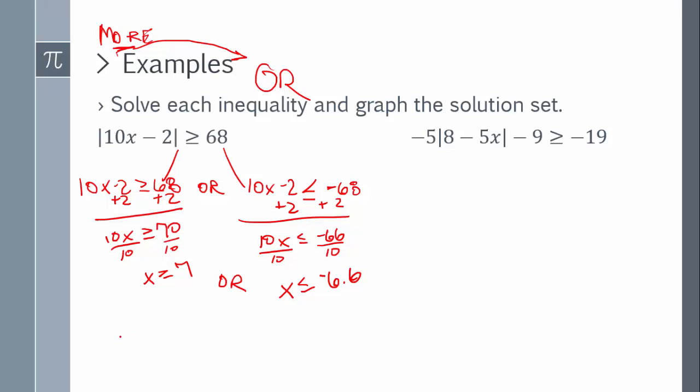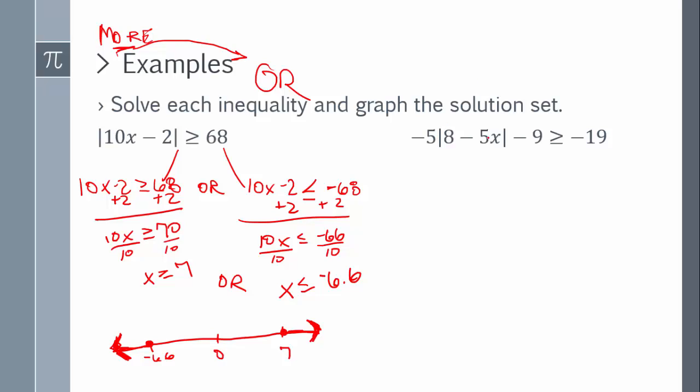So x is greater than or equal to 7 or less than or equal to negative 6.6. And remember, the shading looks a little different for ors. It's going to shade out to the arrows this time.